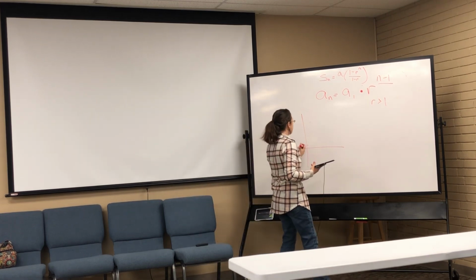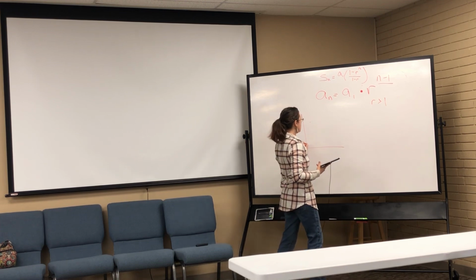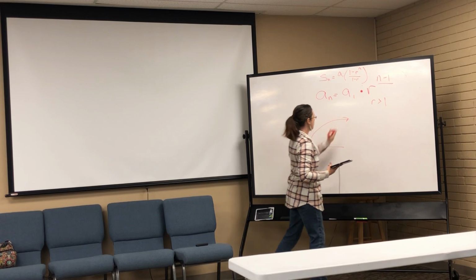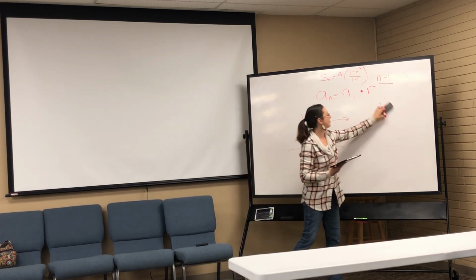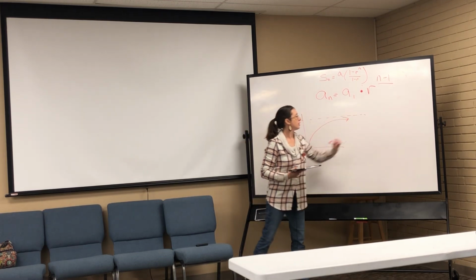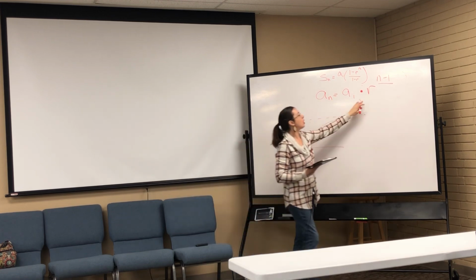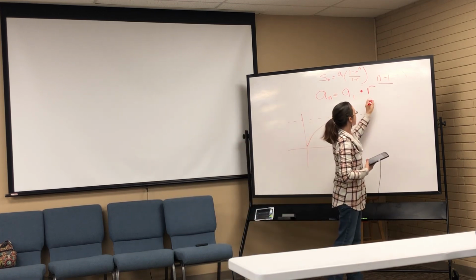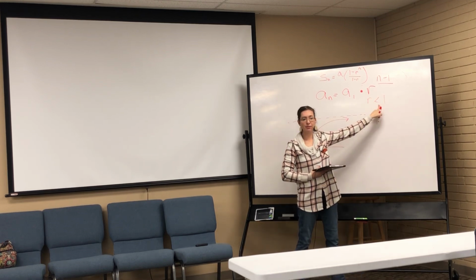Whenever it was less than 1, we found out that that just looked like logs, right? And a log graph looked like that, right? And it has an asymptote that it approaches. So when our rate is less than 1, does this mean negative?